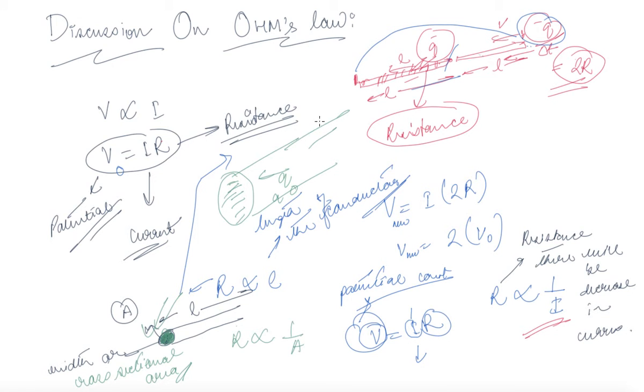Length increases your resistance. But if you increase the cross-sectional area, say suppose this is your wire, we have taken the length to be small and the cross-sectional area, with radius r, to be quite huge. So we will see that there is an easy flow of current.